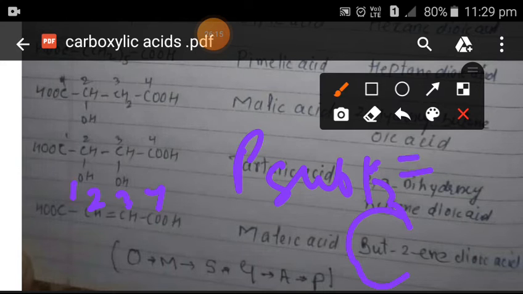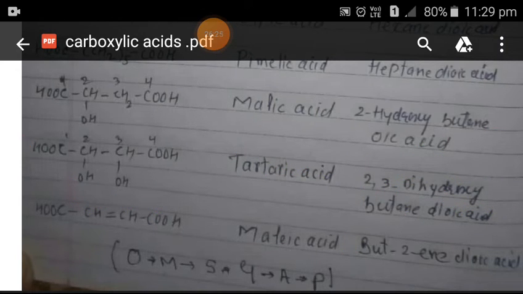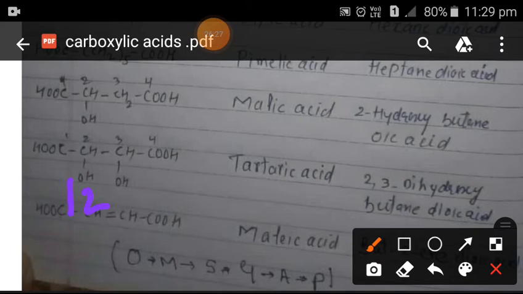That is why the ene is followed. The word root is followed by ene. So where is the double bond? The double bond is present at the second position of the carbon atom. So you will write the name. First, is there any prefix? No, there is no prefix. So you will start from the word root. How many carbon atoms are there? There are 1, 2, 3, 4. So it is but.